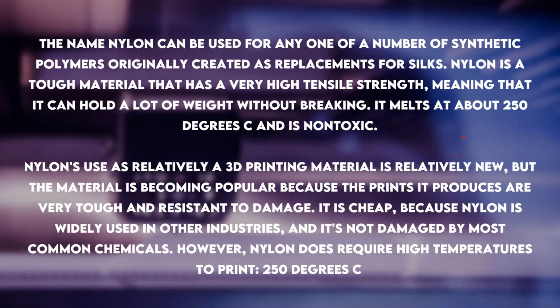Okay, so the name nylon can be used for any one of a number of synthetic polymers originally created as a replacement for silk. The nylon material is tough and has a very high tensile strength, meaning that it could hold a lot of weight.